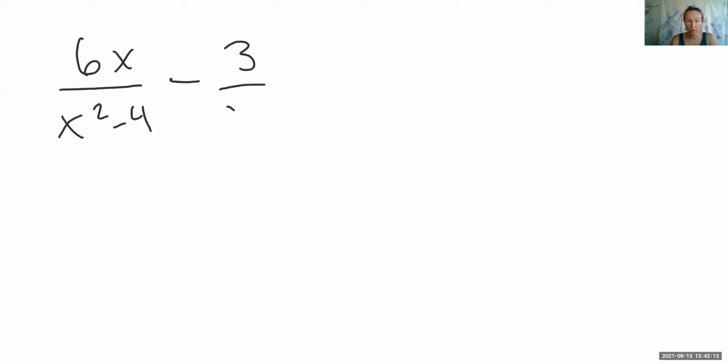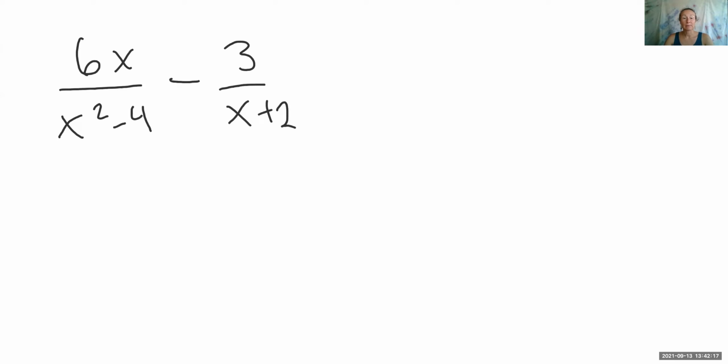So our problem is 6x over x squared minus 4, and we're subtracting from that 3 over x plus 2.